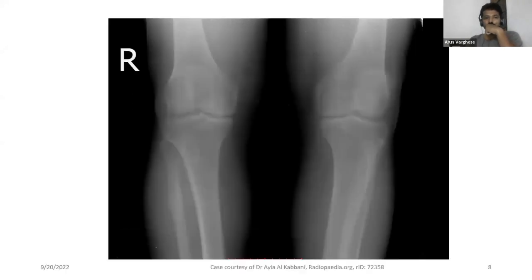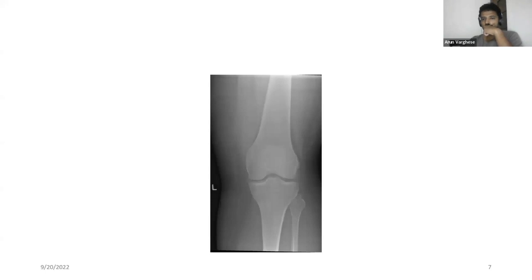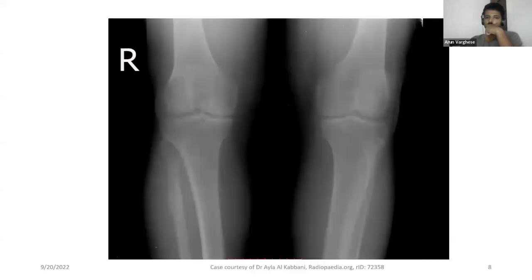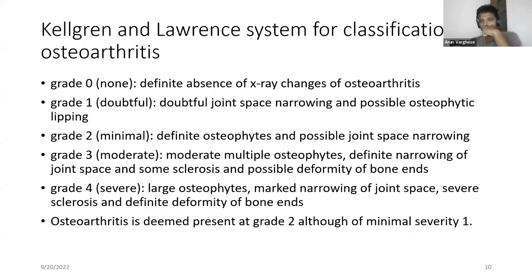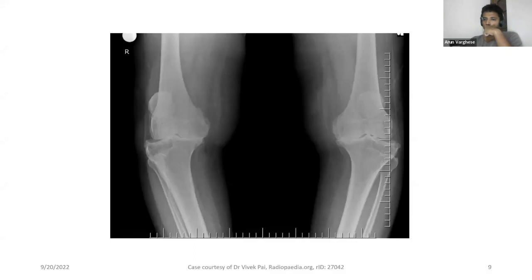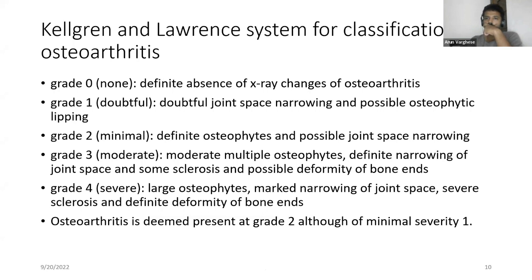I hope it's clear. We can just go through the three images. This is normal. Here, slight changes are starting to happen. This is an advanced case. There are various stages to classify. We all do this as practitioners instinctively.